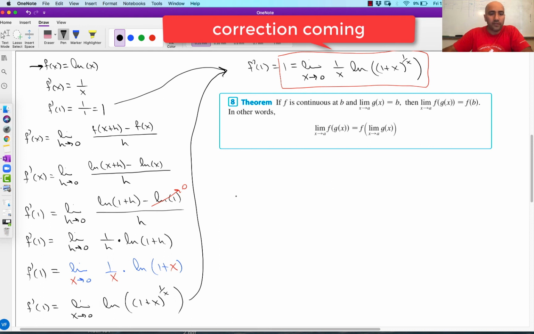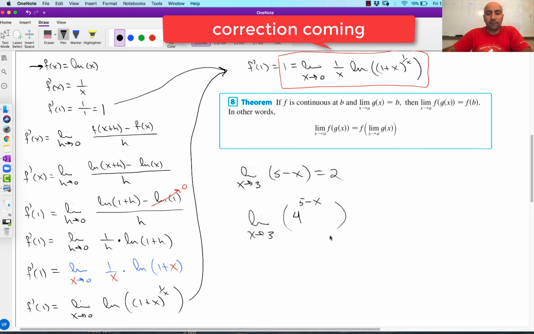For example, just a quick little example, the limit as x approaches the number 3 of 5 minus x. Super easy. It's just a polynomial, so we can just plug it in. We know this limit equals 2. Good. Now if we had 4 to the power of 5 minus x, and we're trying to find the limit as x approaches 3, what we have here is an outer function and an inner function.